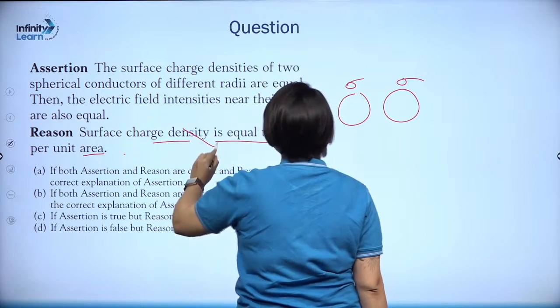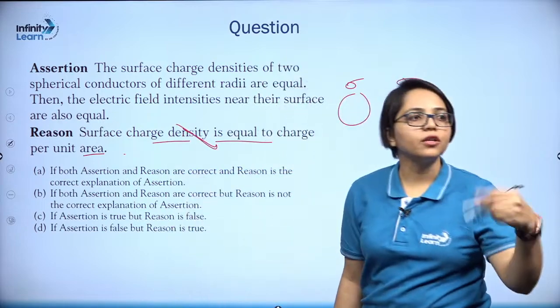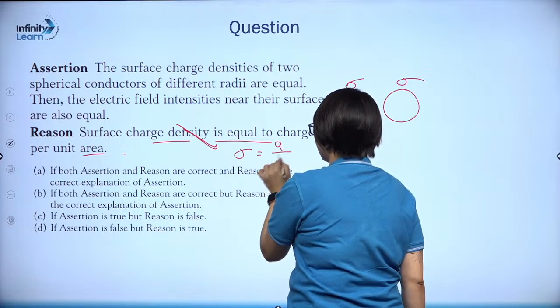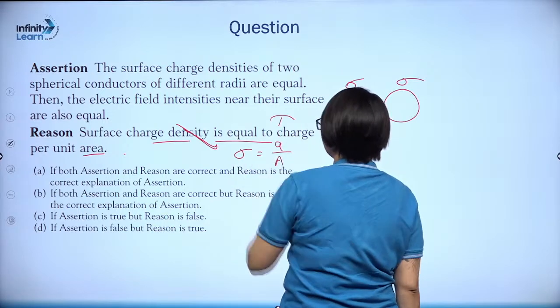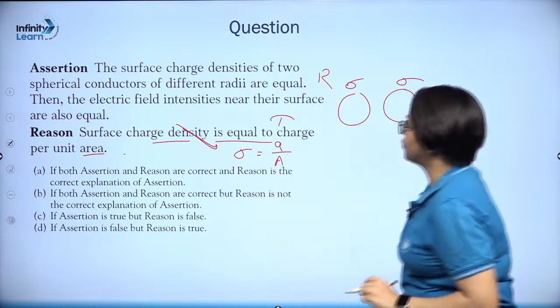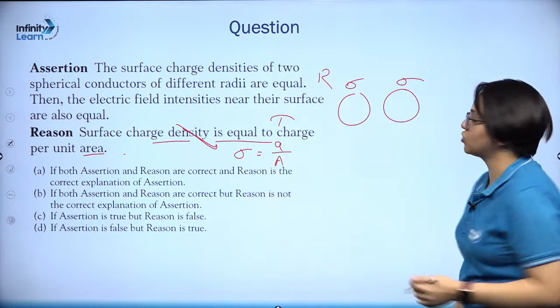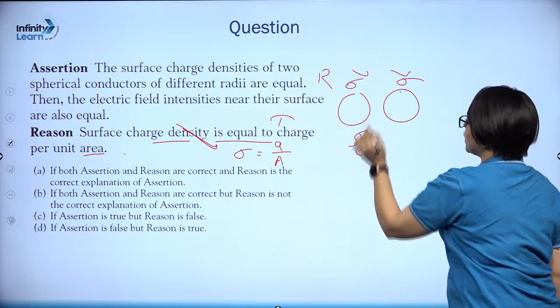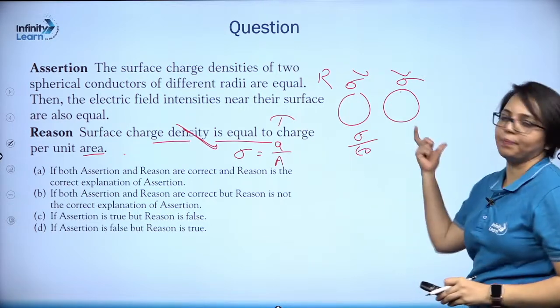Yes, surface charge density is equal to charge per unit area. Sigma is nothing but Q divided by A. So that is true. Reason is also true because near any conductor, the electric field is sigma upon epsilon naught. Sigma is the same for these two conductors, so electric field will be same, right?